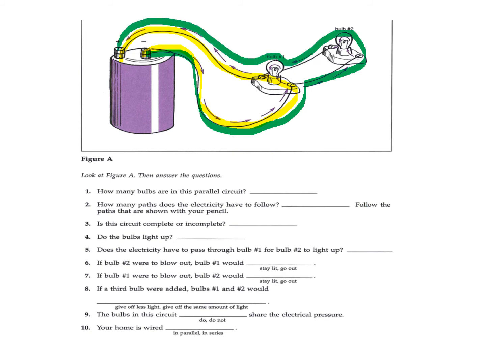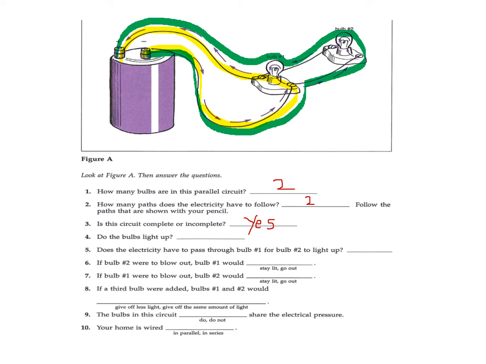So you can see there are 2 separate ways for electricity to travel. 2 ways. How many bulbs are in this circuit? There are 2. How many paths? There are 2. Is the circuit complete? Yes. Even though I have no switch, everything is connected.